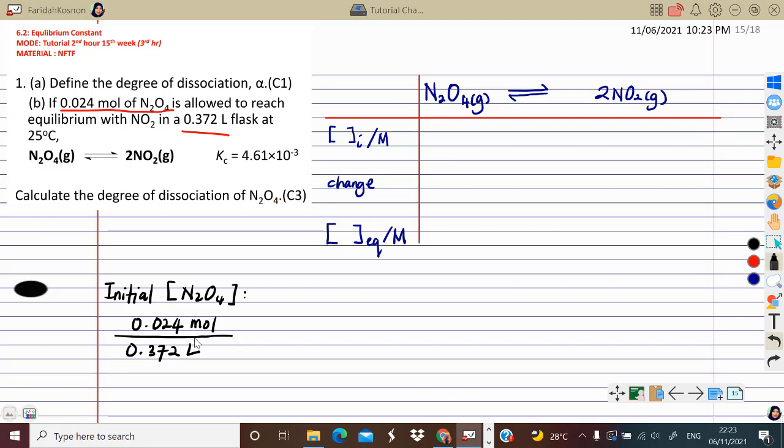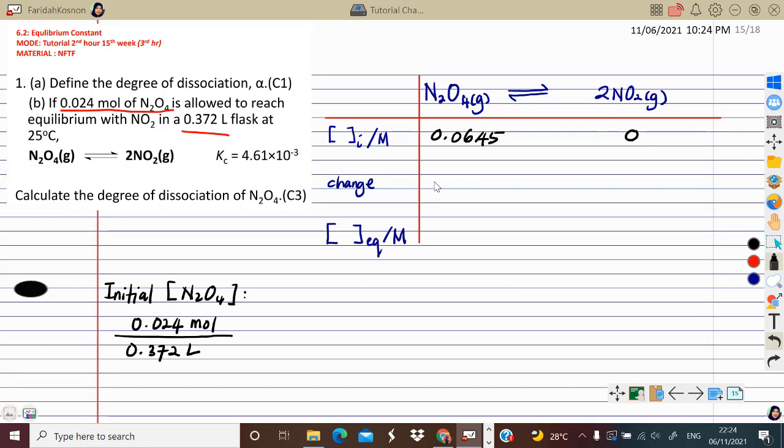Okay, so it is 0.0645 molar. Okay, saya dah pesan banyak kali jangan ambil ataupun round off terlalu awal. Ambillah 4 decimal places. And then initially, itu adalah initial concentration of the reactant. Produk masih belum lagi terhasil, so we have to put 0 here.